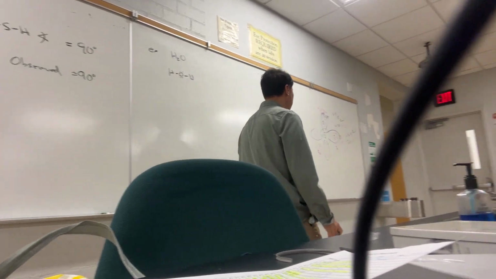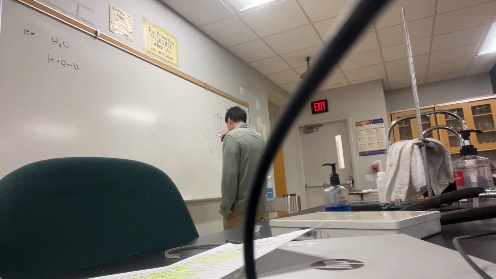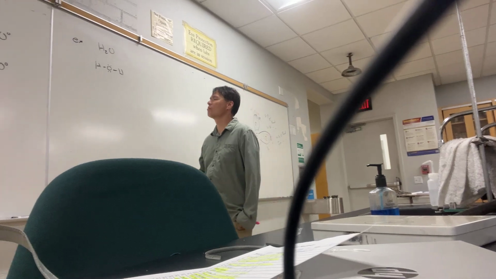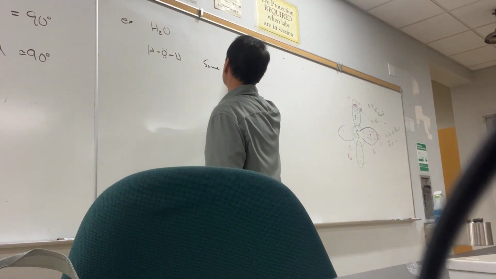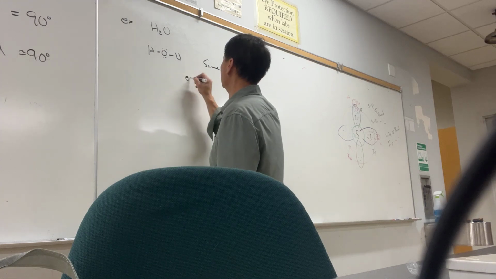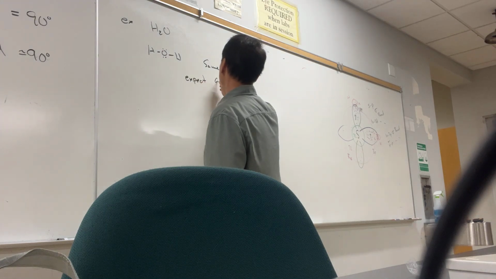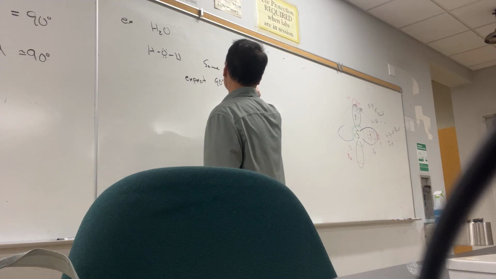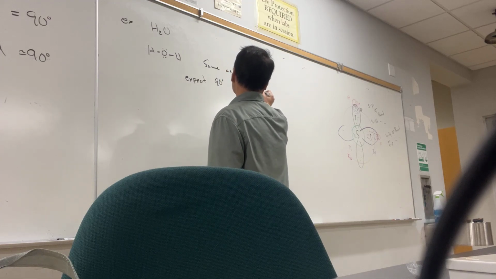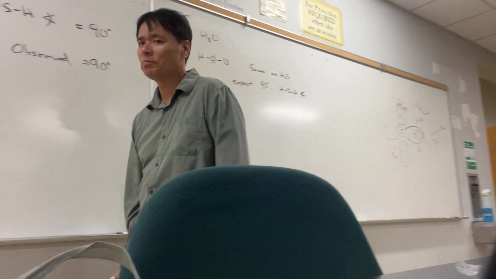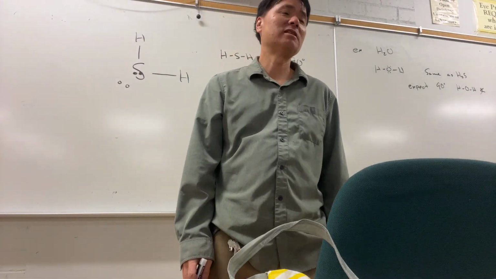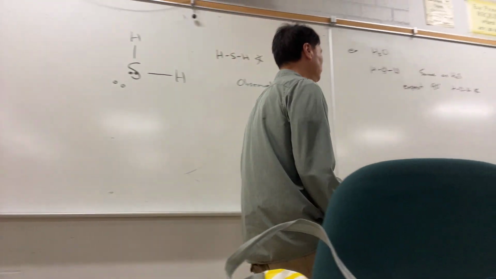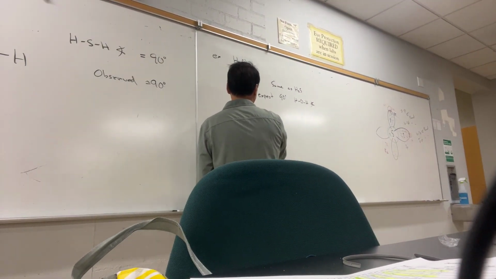Is that what's observed? No, not even close. What's observed is closer to 109.5 degrees. Actually, it's 104.5 degrees, roughly. But we'll just say it's close to 109.5. It's hugely off.